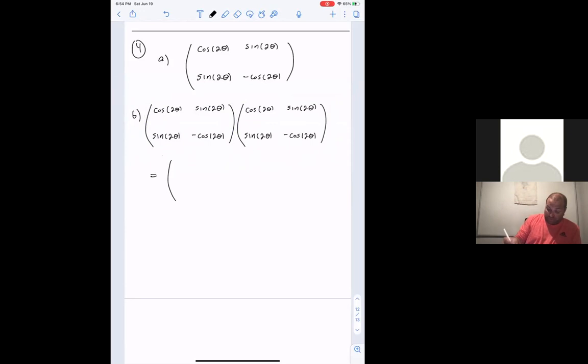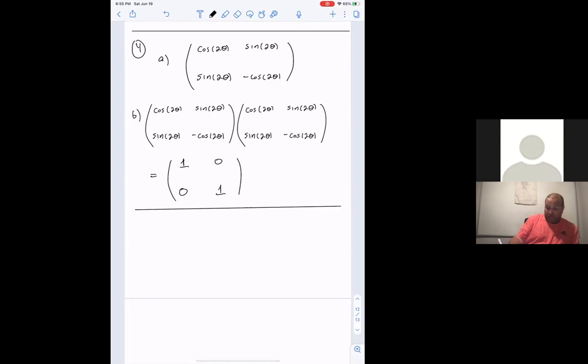Well, let's see if that's the case. Top left, cosine squared plus sine squared. Ooh, trig identity, that's 1. Next one, cosine sine minus cosine sine, cancel. Bottom left, cosine sine minus cosine sine, lovely, cancel. Bottom right, sine squared plus cosine squared. Ooh, identity, 1. I do in fact get the identity.